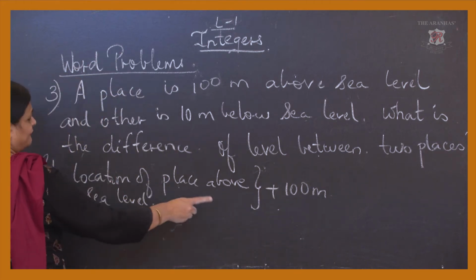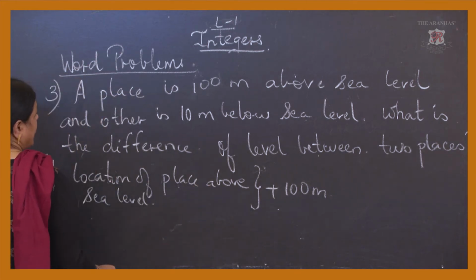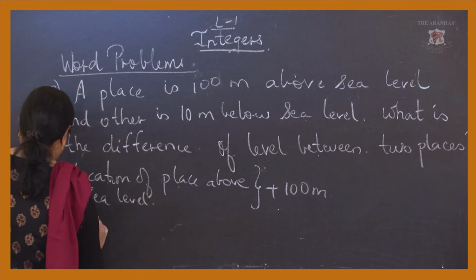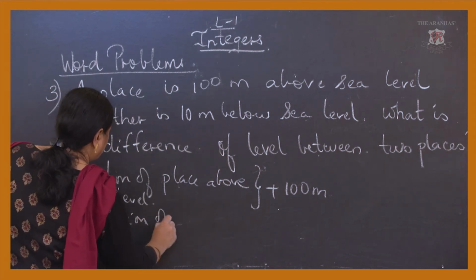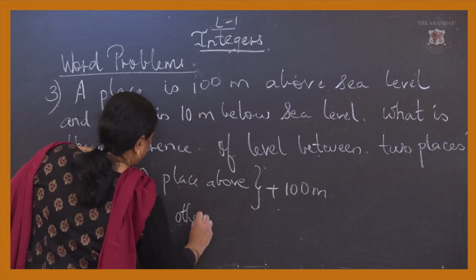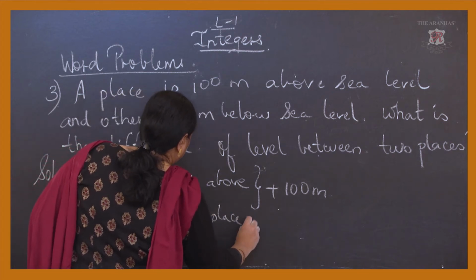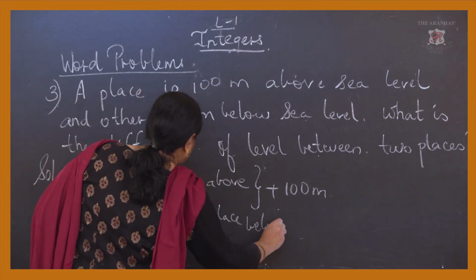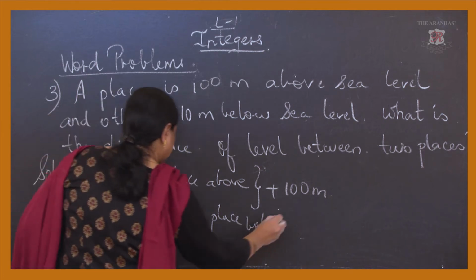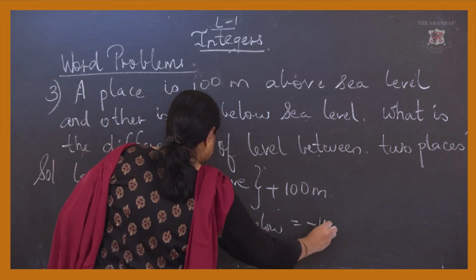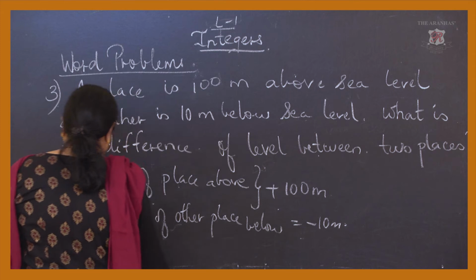So here location of the place above sea level is 100 meters. Location of the other place below the sea level is equal to minus 10 meters.